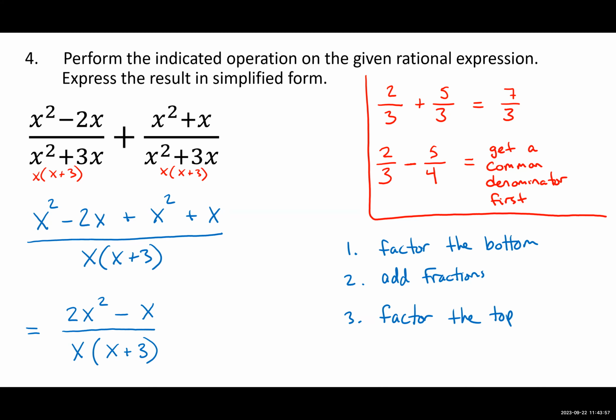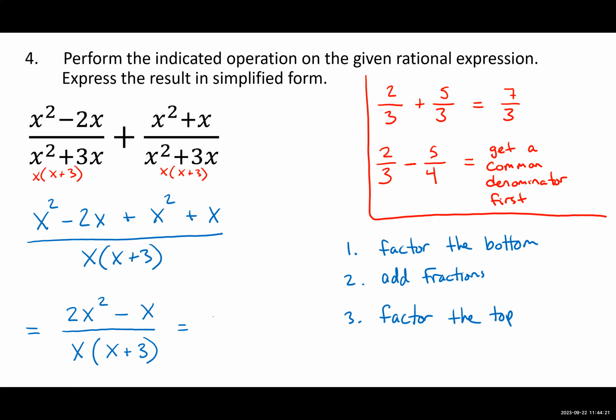With multiplication and division, we factor the bottom and factor the top straight away. With addition and subtraction, we're holding off on the top. We still have to factor the top of each fraction, but we're going to hold off until the end. That's the most efficient way, or the least number of steps you could use to get through these problems.